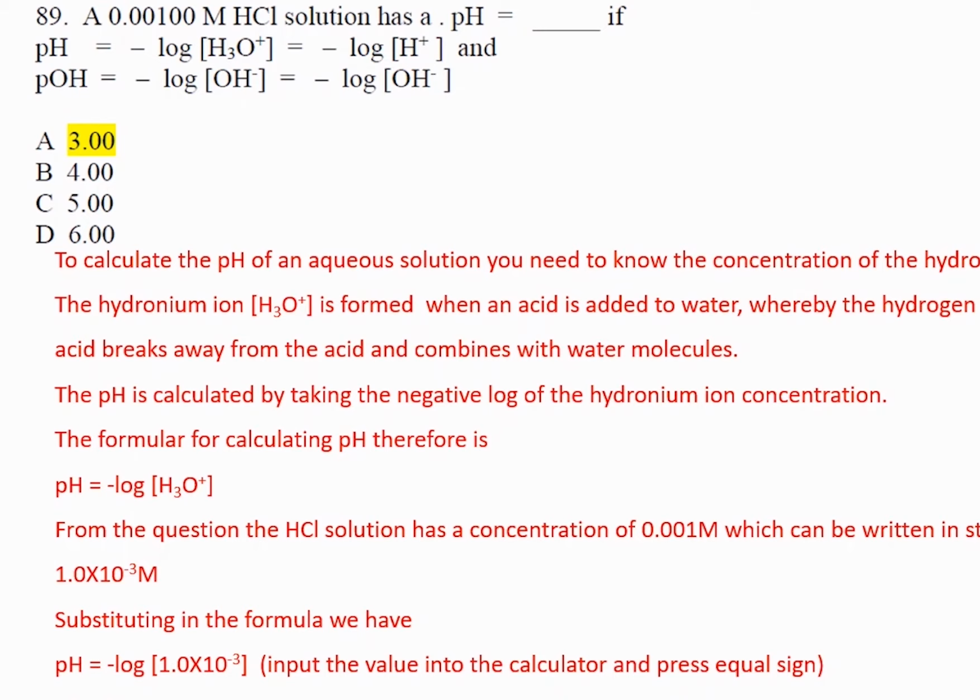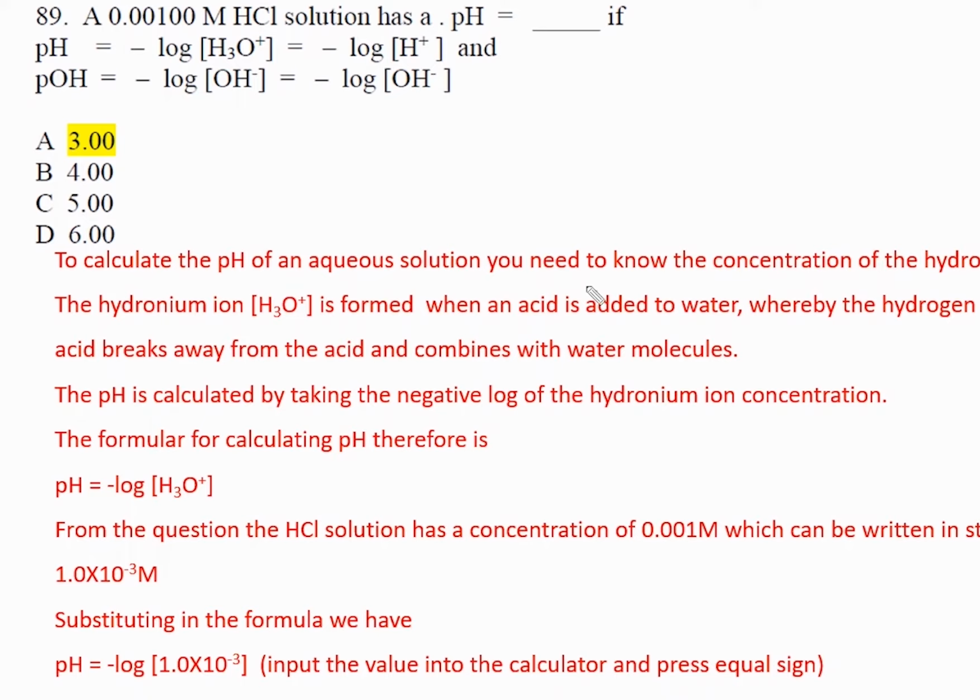Question 89, you're supposed to calculate the pH of 0.001 molar hydrochloric acid solution. To calculate the pH of an aqueous solution, you need to know the concentration of the hydronium ion.